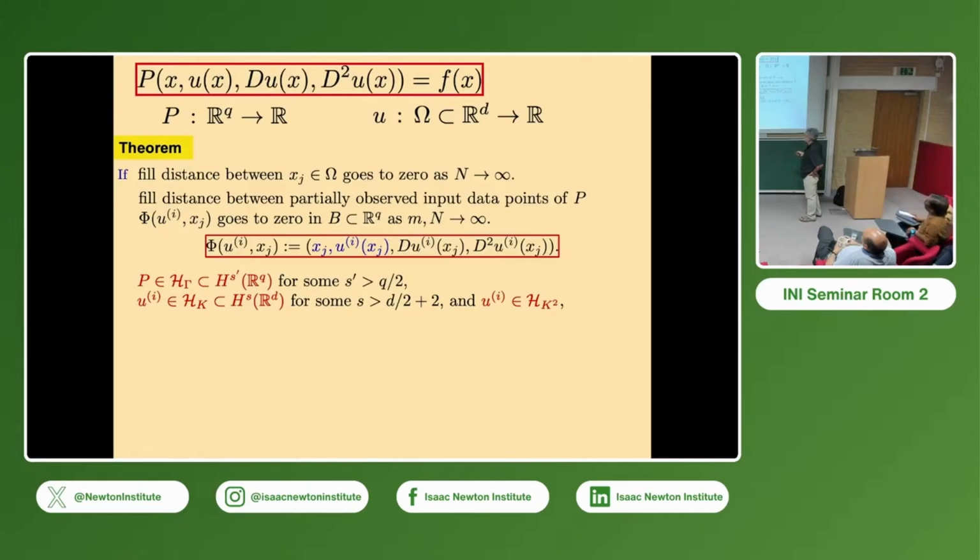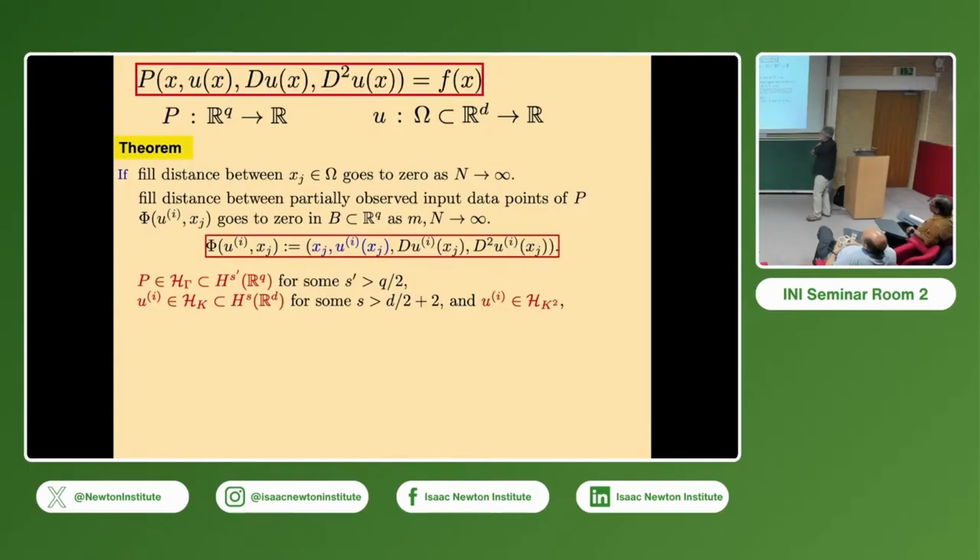And if those partially observed solutions belong to the RKHS defined by the kernel K, and that kernel K has enough regularity to be continuously embedded in some Sobolev space H^s for some s greater than the dimension of the domain of the PDE over 2 plus 2.